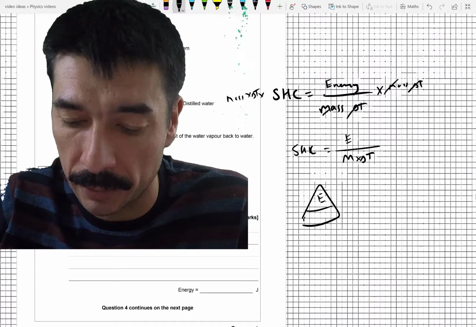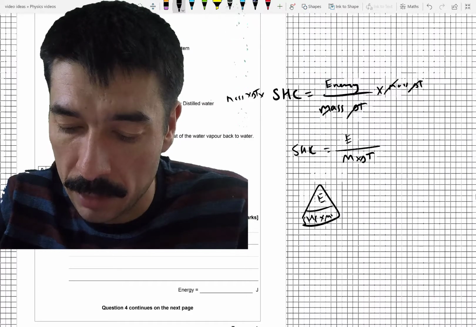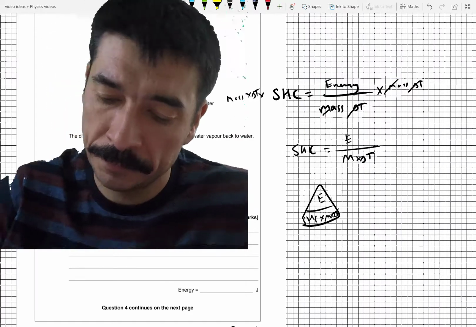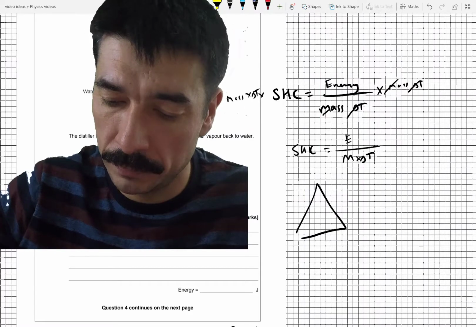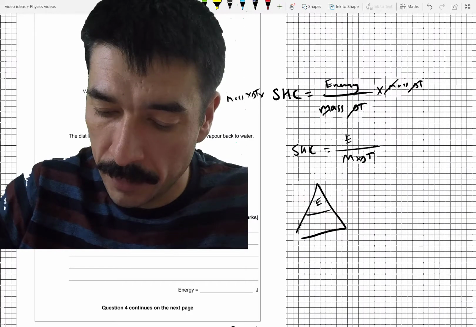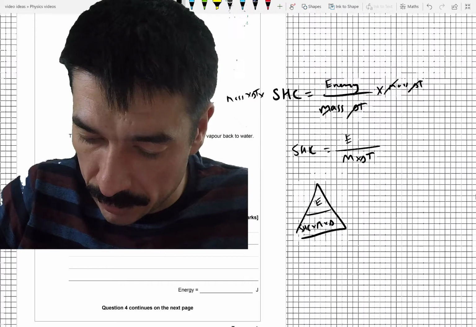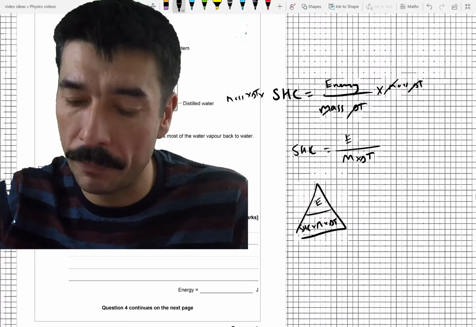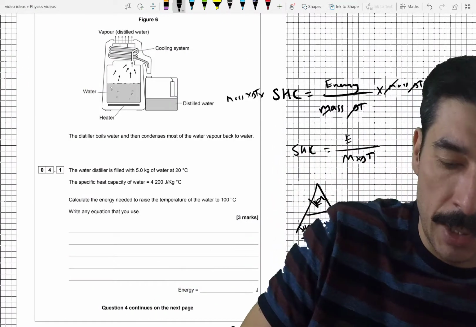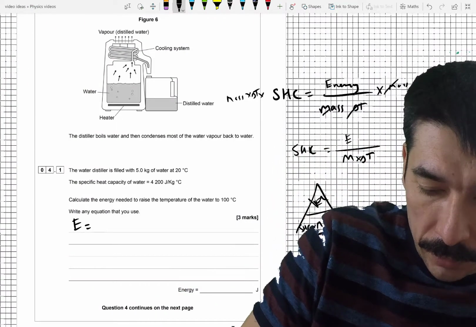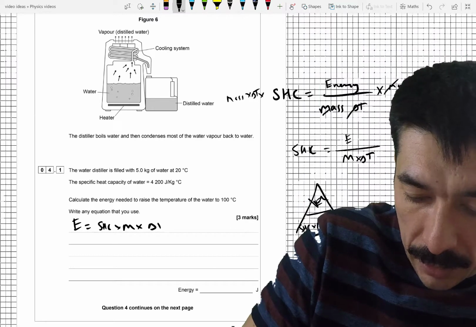Whatever's left over, put down here, SHC times M times delta T. Energy on top, SHC here times mass times delta T, and then you think, well, I'm working out energy, cover energy, you're left with specific heat capacity times mass times change in temperature. So energy equals specific heat capacity times mass times delta T.